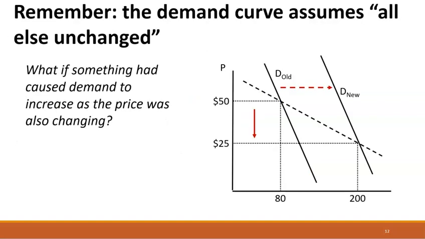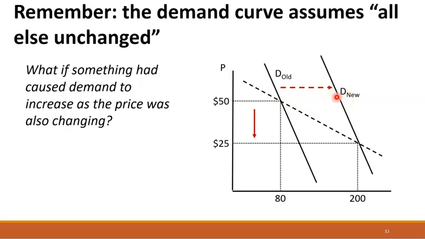So here's an example. Suppose something had happened to cause an increase in demand. At the same time, let's say that we cut our price. So if we cut our price and there hadn't been this increase in demand, which is the phrase that I'm going to use to describe a shift in the entire demand relationship.